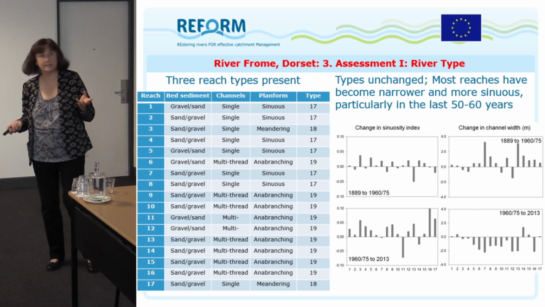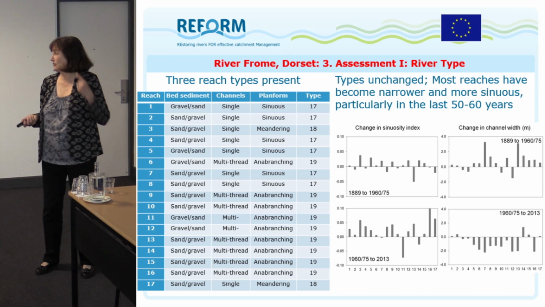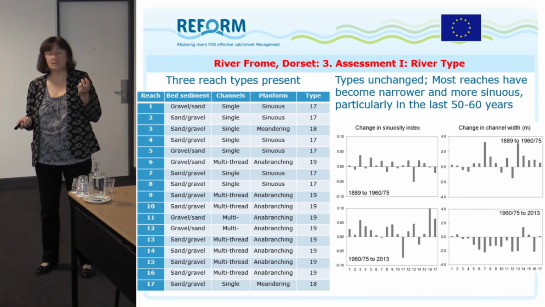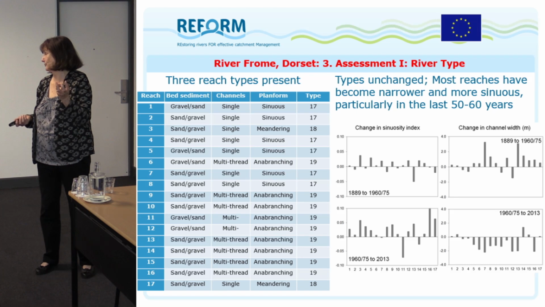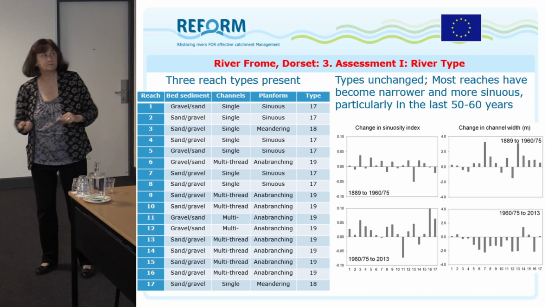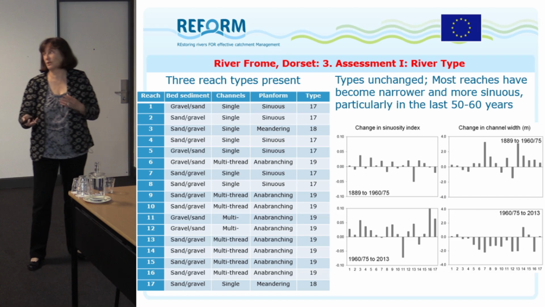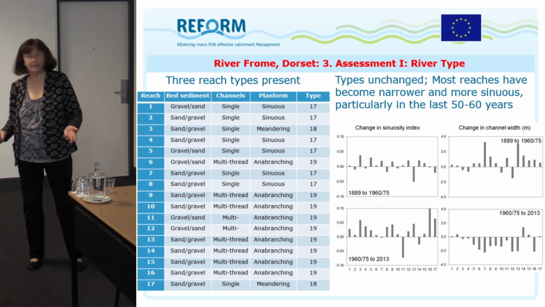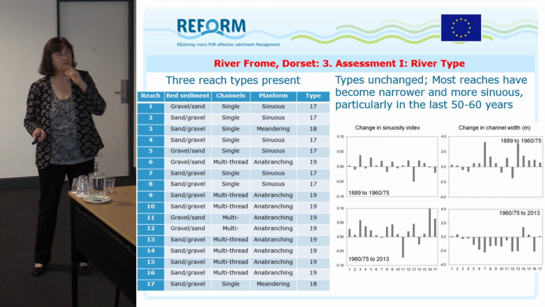That's all out of the 22. We've got low sinuosity single thread. We've got higher sinuosity, i.e. meandering single thread, and we've got anabranching. They've all got some combination of gravel sand bed. They're all unconfined, okay? So those are the basic types we've got.